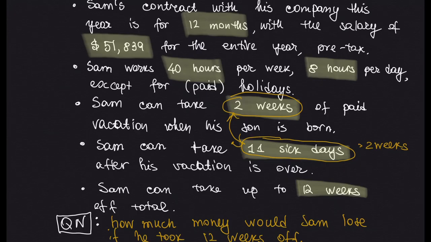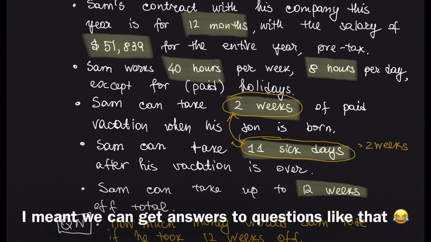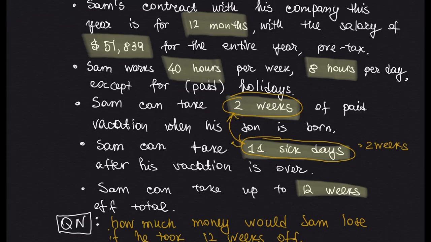Notice that this information is available to Sam just for asking. There wasn't really math involved in computing this, except for maybe understanding that 11 sick days is a little bit more than 2 weeks. So sometimes we can get answers to questions like that without really doing any math computations, right?